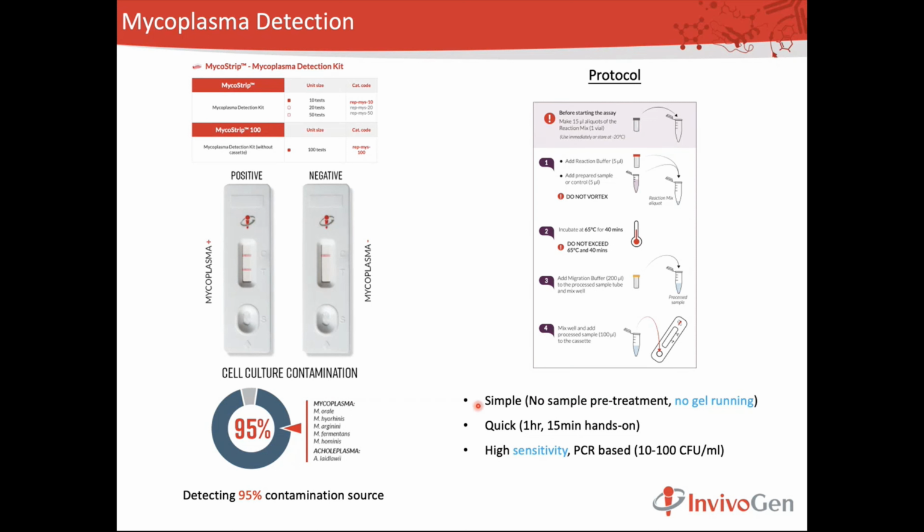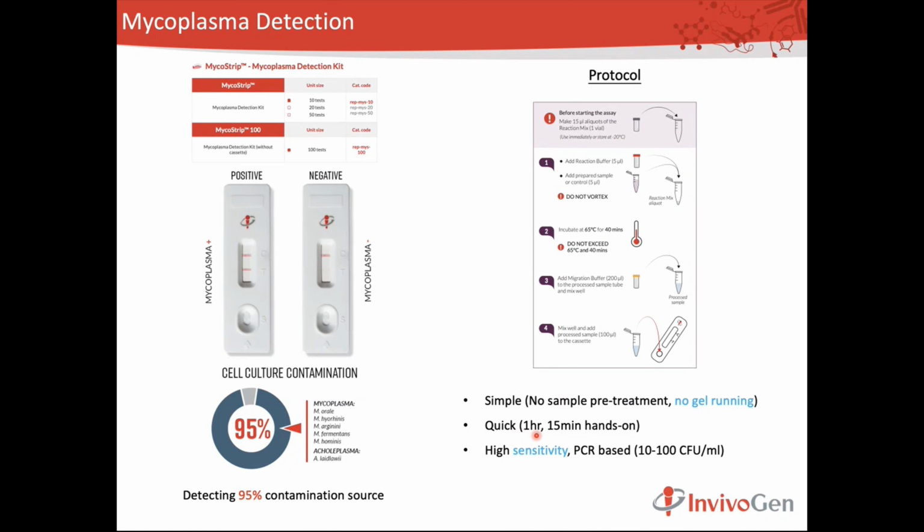So it's much easier to use, and you don't even need special equipment, because the only special thing about this protocol is the 65 degrees for 40 minutes. You can use a water bath, heat block, or if you have the PCR machine, you can always stick to the PCR machine. This is the only special equipment you need for this kit.